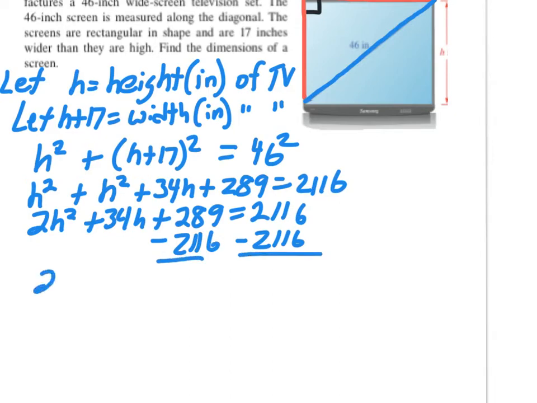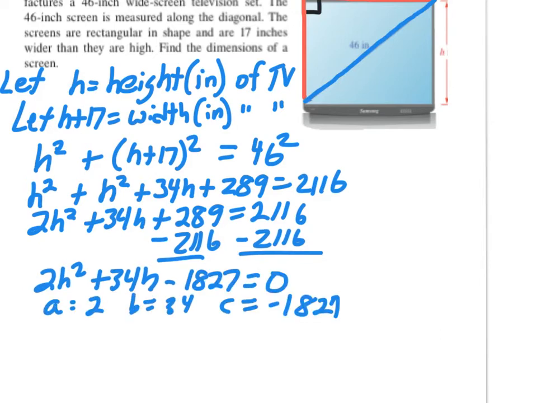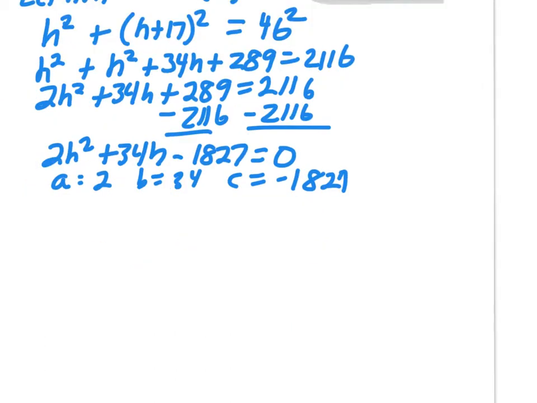So that's going to get me 2h squared plus 34h, and after I subtract 2116, I get negative 1827, and now I have it set up where I can select my A, B, and C. Now I'll plug into the quadratic formula.